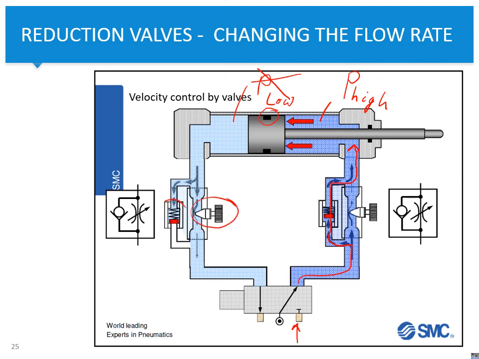Of course, it can't go out over here, so that airway is blocked. But over here, it can go out at a limited flow rate. So there will be some pressure, and since the pressure difference isn't really that high, we have a smoother movement of this cylinder.